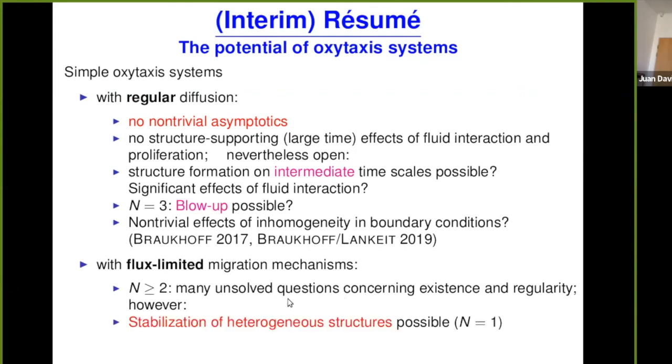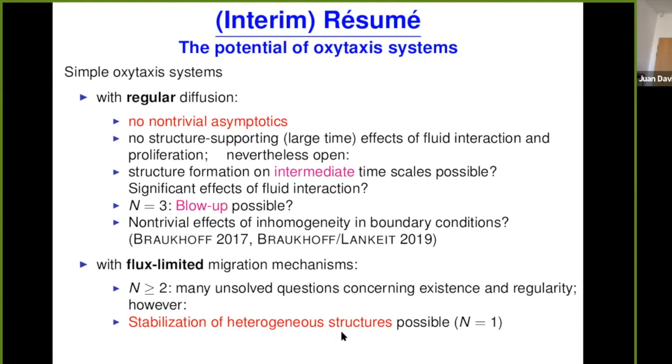But even in the 1D case, we have seen that there is a stability of heterogeneous structures. There is emergence of non-trivial large time behavior, and all the things that you would see in the experiments are at least qualitatively potentially described by such problems.